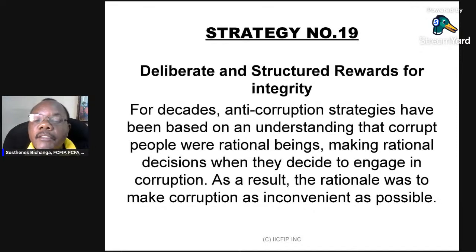Hence, if the risks are low and no financial or social costs are anticipated, engaging in corruption may be seen as profitable and as the rational decision. In such environments, sanctions may exist on paper but are insufficient to deter wrongdoers.